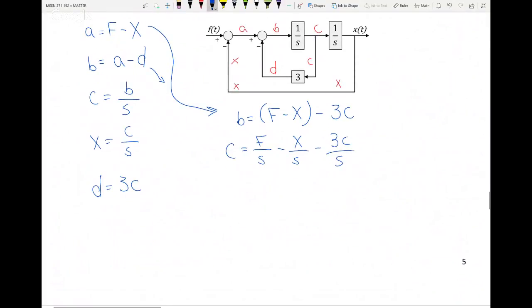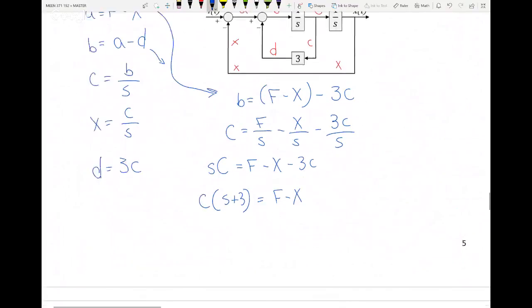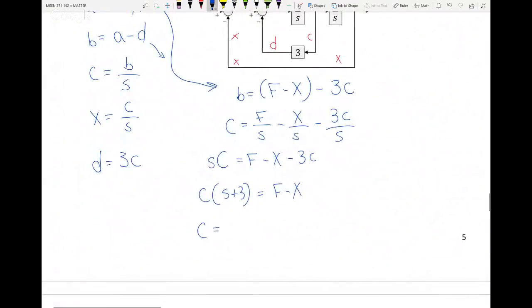Okay, so I'll multiply everything by S. That will be SC equals F minus X minus 3C. Now I'll group things. C times S plus 3 equals F minus X, which means that C is going to be F minus X over S plus 3.